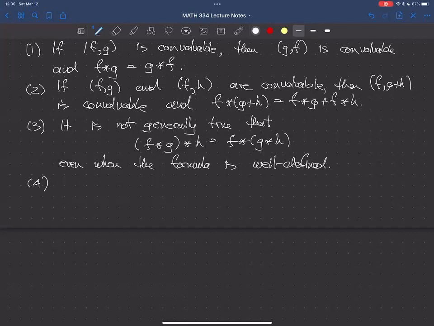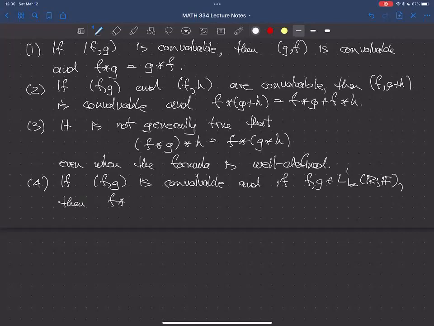Okay, so if f, g is convolvable and if both f and g are locally integrable, then f star g is locally integrable.